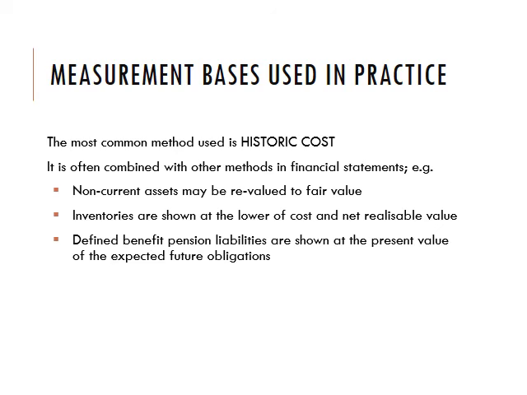Likewise, inventories should be shown at the lower of cost and net realizable value. So typically they'll be shown at cost, but there might be odd items included in the inventory figure that are shown at a lower figure, this net realizable value.